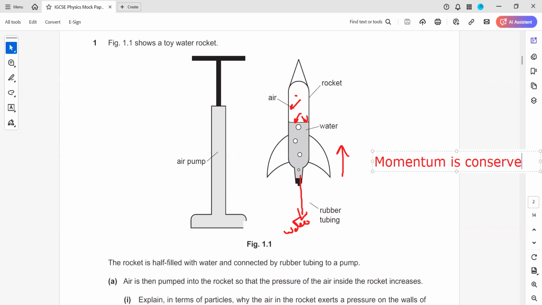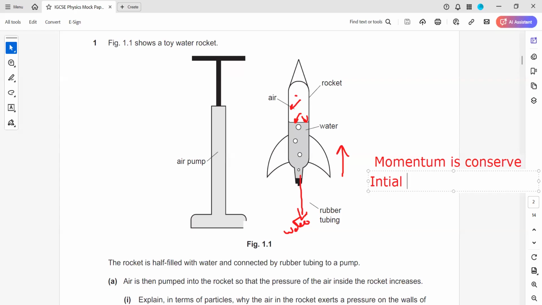So if the momentum before is zero, the momentum after is zero as well. In this case, the initial momentum is zero, like at the start the rocket was not moving.